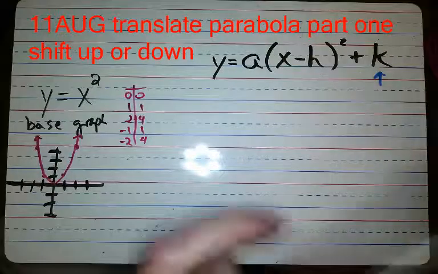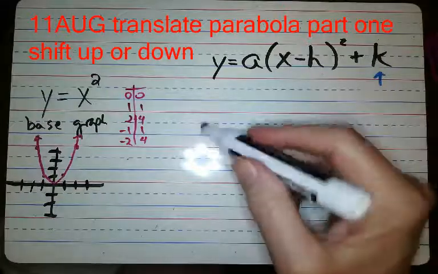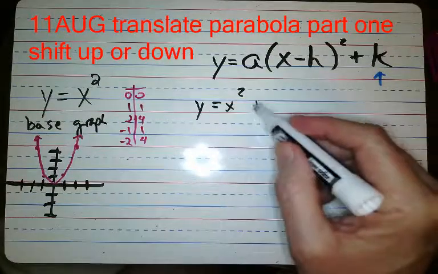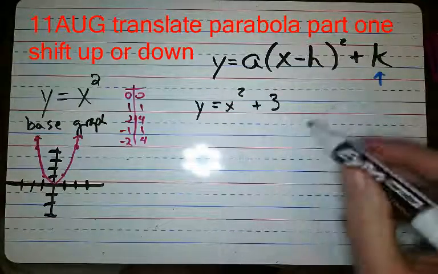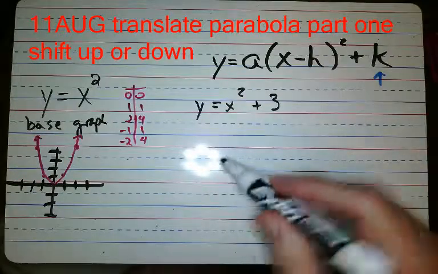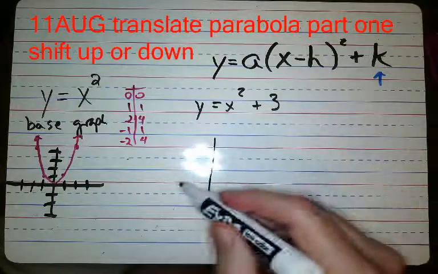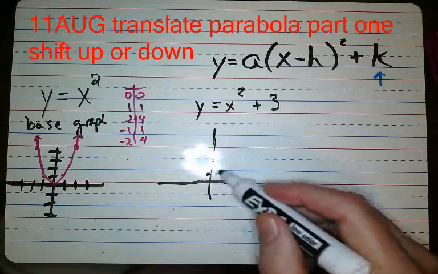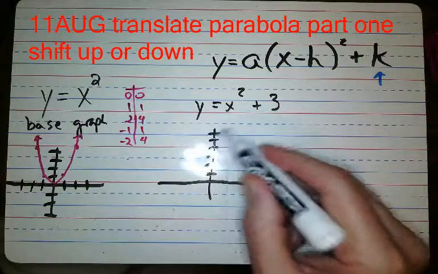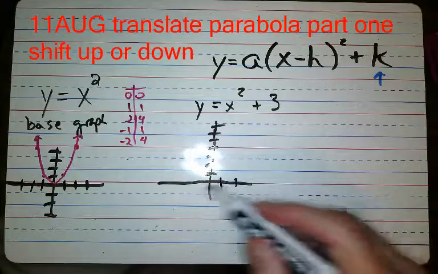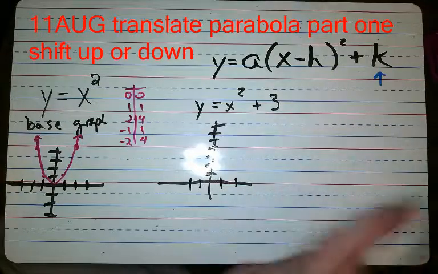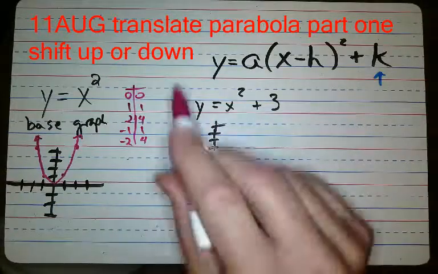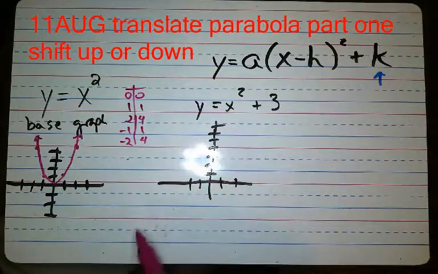Now then, what are we doing with this number at the end? Well, if we add a number at the end, what happens is we move the graph up. So if I gave you a picture, here we go. What we have is a graph that's been shifted up, translated up.